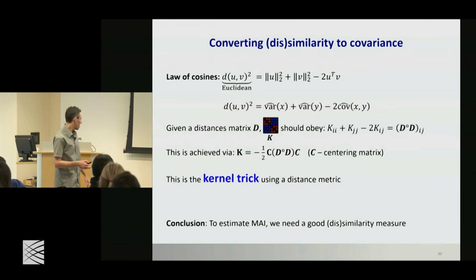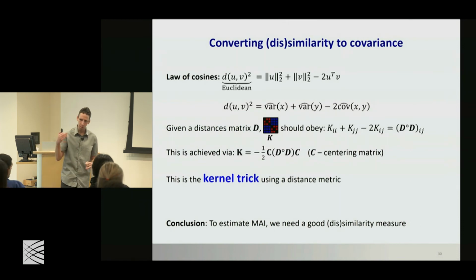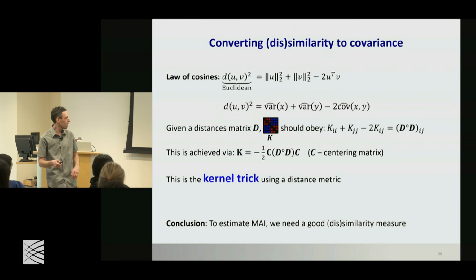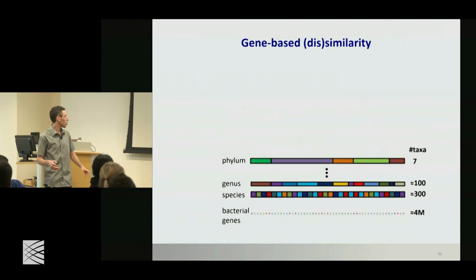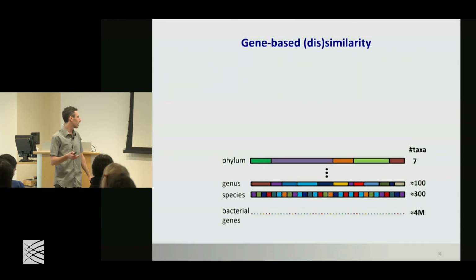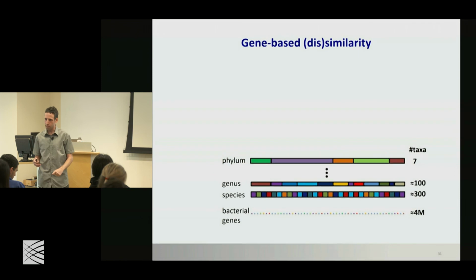So our conclusion is that all we need now is to come up with a good dissimilarity measure, possibly from one of the measures that people use in statistical ecology, and then we could plug it into the linear mixed model. So we needed to decide what is a good similarity measure, and then we went back to this slide that I showed at the beginning because we had to make two decisions.